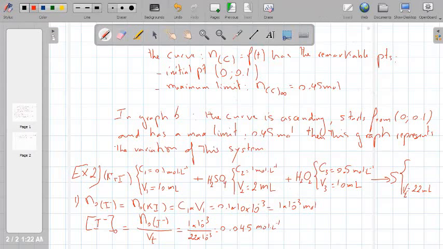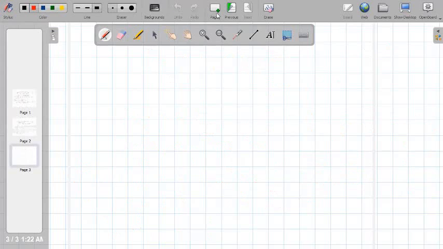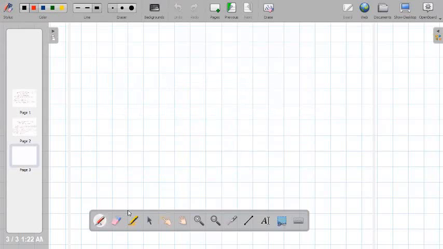Now let's open a new page. The same for the other reactant. N0 of H plus equals N0 of H2SO4 multiplied by what?